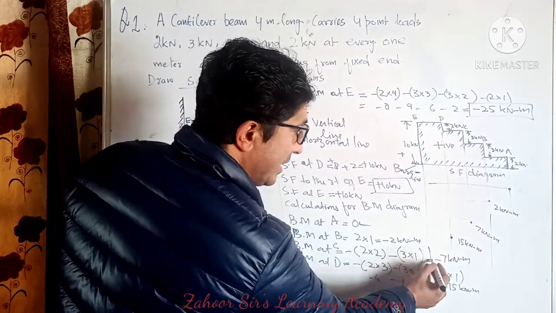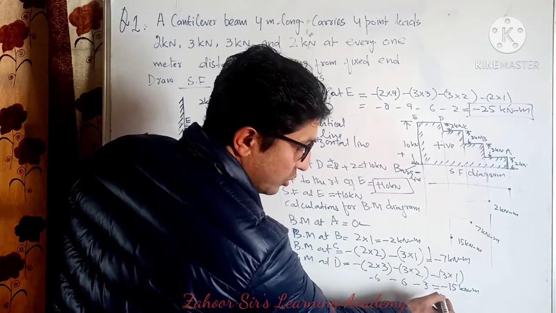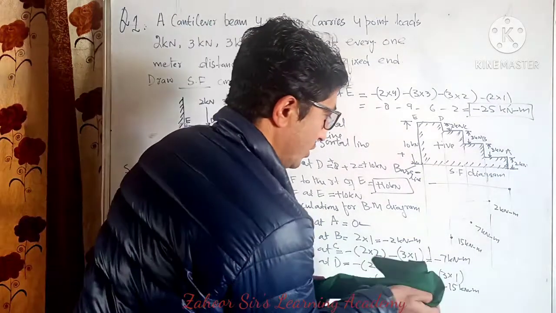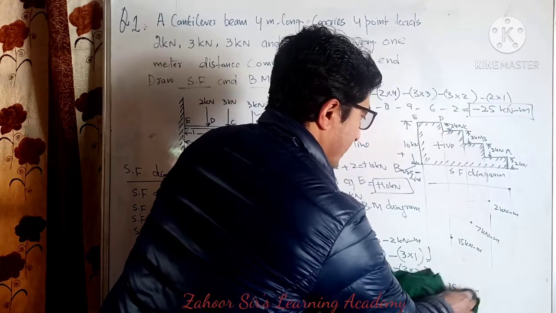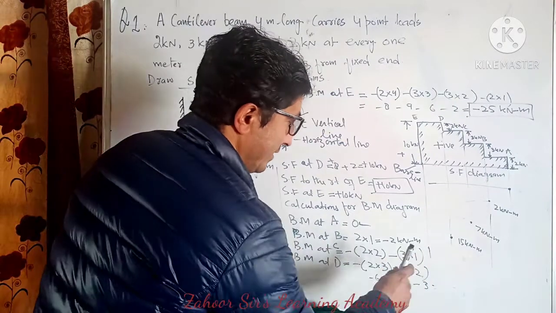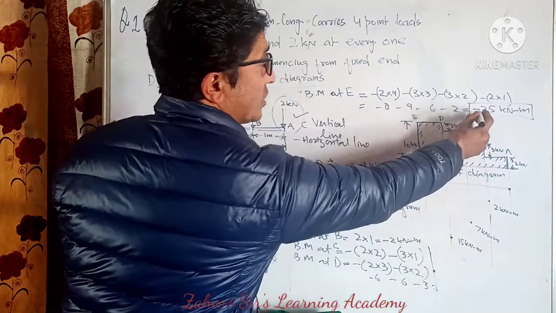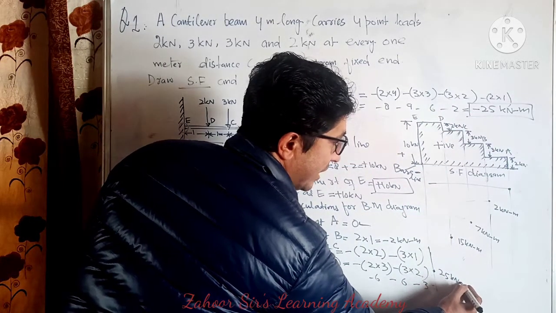And at E, how much was it at E? 25. I don't have a space here, I need to go down. So at E it is minus 25, so 25 kilonewton meter.